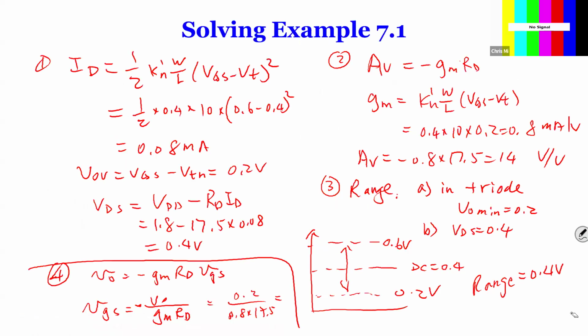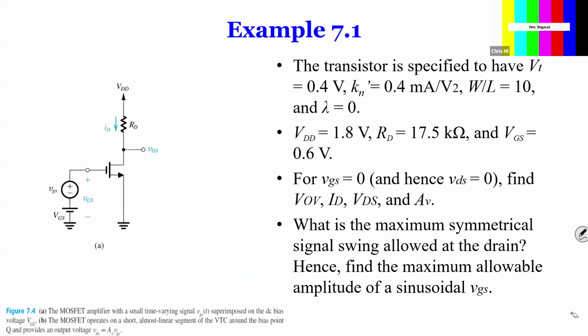And then also we talk a little about finding the range, because if you look at the circuit over here, the capital VGS is for biasing. And when you add a lowercase VGS onto that signal, you can imagine that the operating point is here, but then your signal can go up and down, right? So if your input signal is too big, it's going to make this thing go out of saturation.